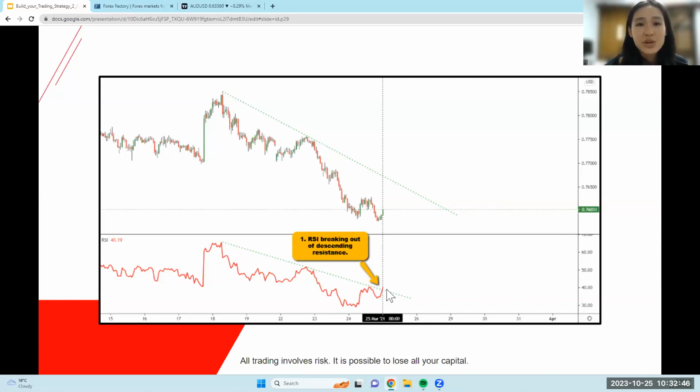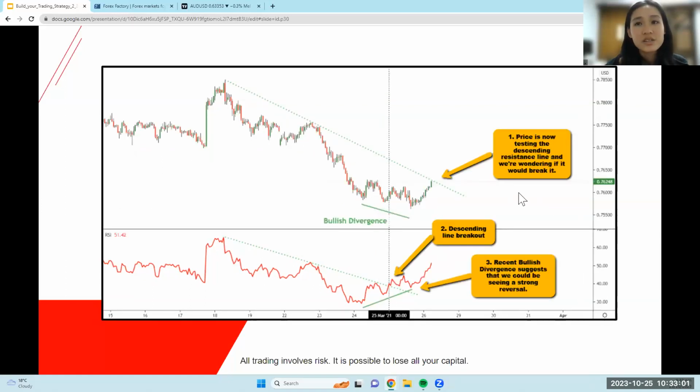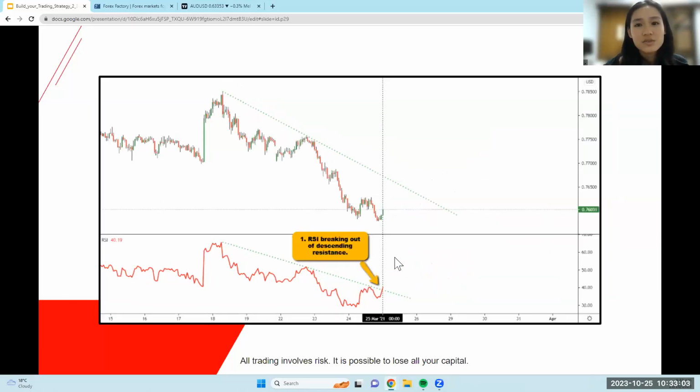But on our RSI, we do have 3, and that's why we're pointing it out. So we have 3 points making a valid trend line, and RSI is breaking out of this descending trend line. So from here, price is breaking out of it, so we're expecting it to continue to rise.